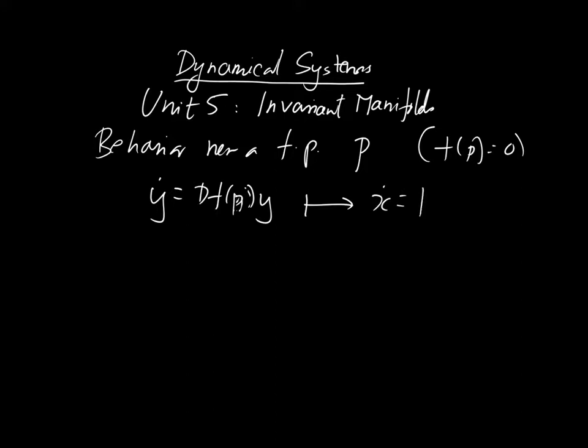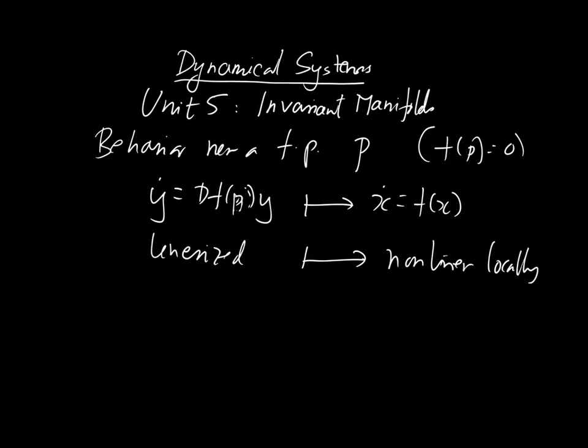And we want to conclude from that the behavior of the full nonlinear system near the fixed point. And basically, the story of invariant manifolds is that the structure of the linear system, the linearized system, goes through locally to the full nonlinear system.